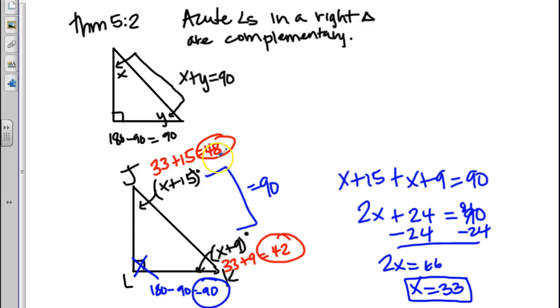All right, the last theorem here, we actually talked about in 5.1: the equiangular triangle. Theorem 5.3 says the measure of each angle in an equiangular triangle is 60 degrees. So if my angles are all equal, then they are all 60 degrees.